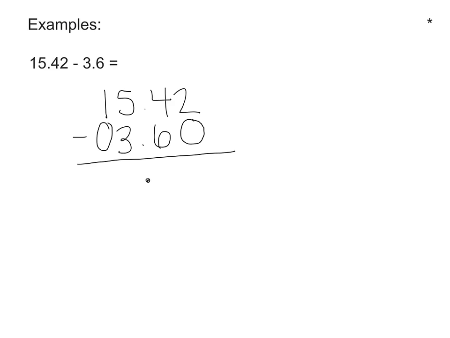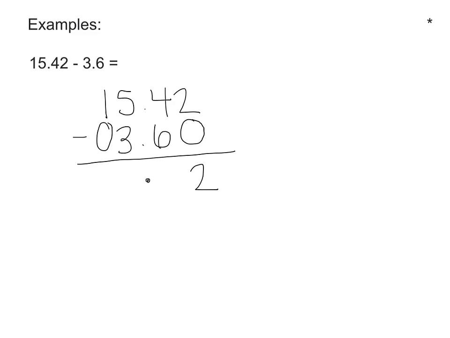When we subtract like normal, we are going to start at our farthest place value over to the right. So that's the hundredths place value. If we subtract 2 minus 0, we get 2. And then we go to the tenths place value. If we look at it, we know we cannot subtract 6 from 4 because 6 is bigger than 4.